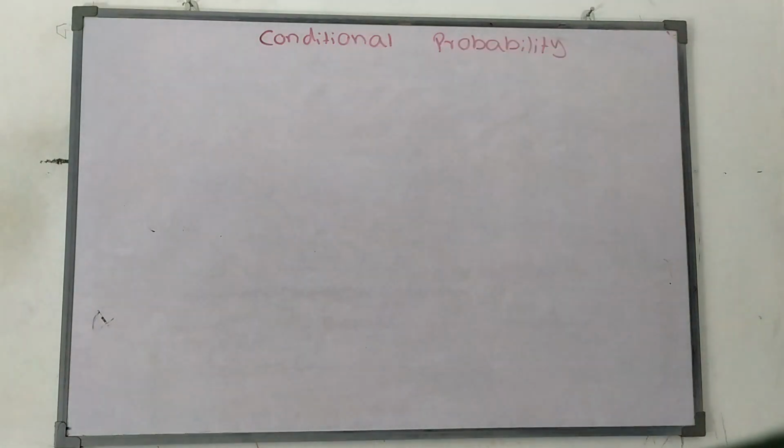As an example, think of a student who has passed the A-level exam. I need to find the probability of his being selected for the university. So this is the conditional probability.